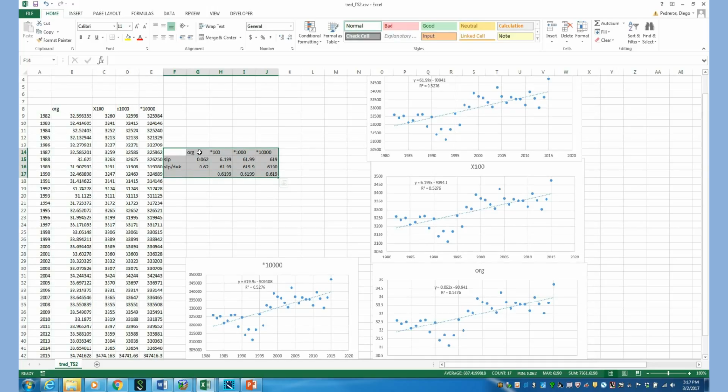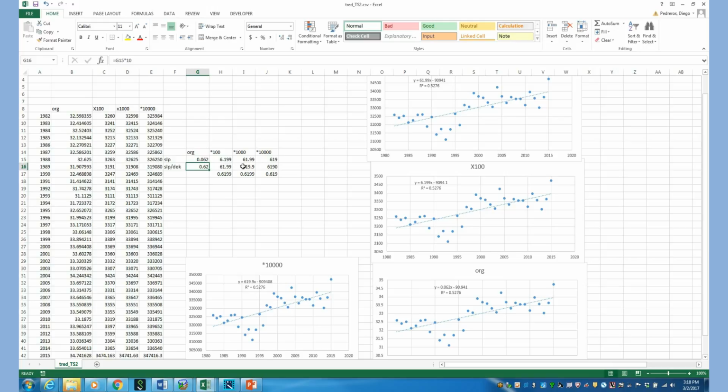So this is the slope of the original, if we were just dealing with degrees values, and this is per decade. So that would be the slope per decade.